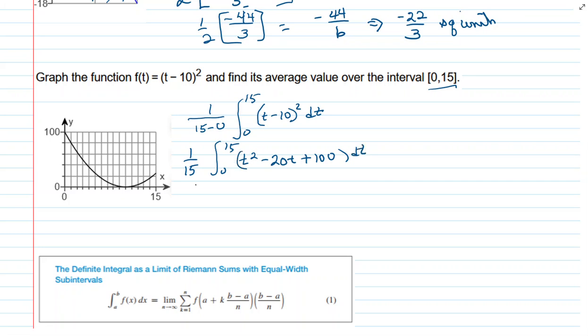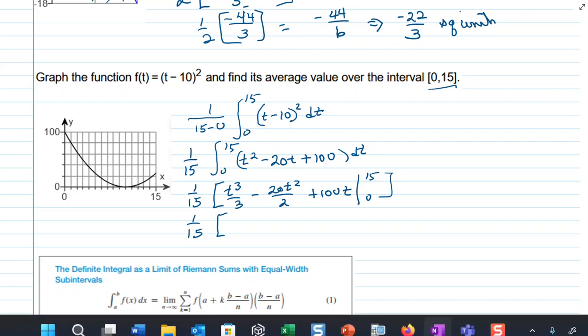Now I'm going to do the integration. That's 0 to 15. Very large numbers, but not bad. So I need my calculator.